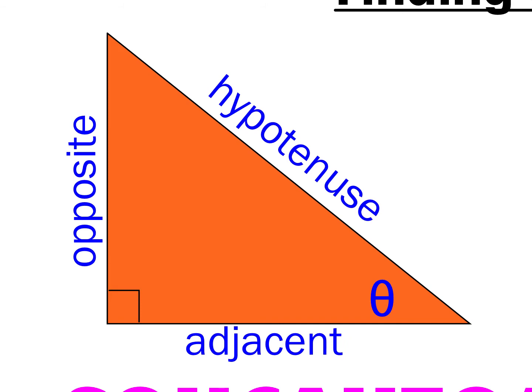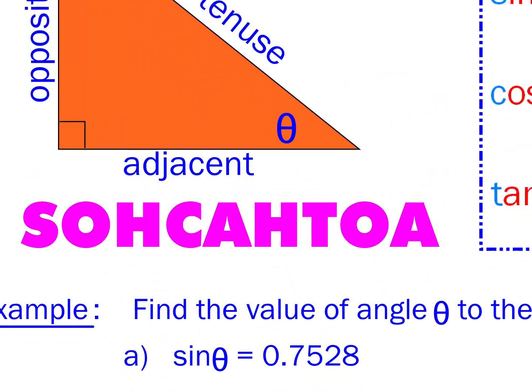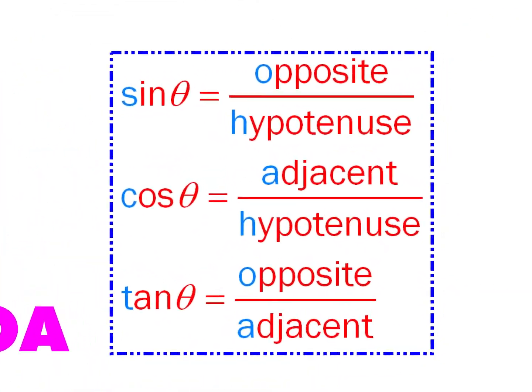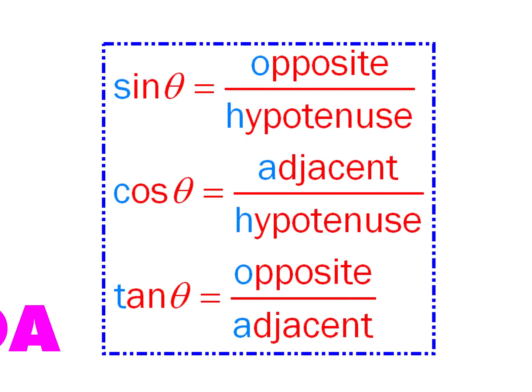And the adjacent is just that third side that's kind of just left over. Okay? Now, if you remember SOHCAHTOA, then there's no need to remember this. That sine is opposite over hypotenuse, cosine is adjacent over hypotenuse, and tangent is opposite over adjacent.